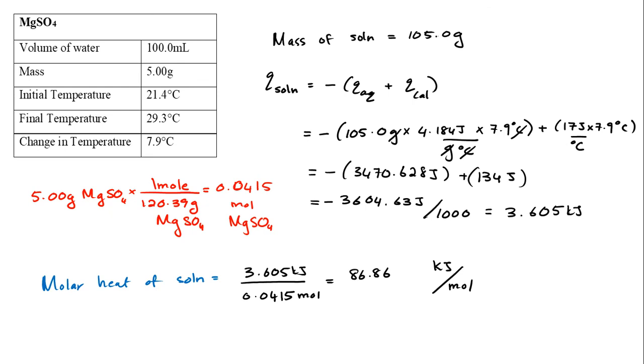Now let's see sig figs. I have 2 sig figs in 7.9, so I have to round this to 87 kilojoules per mole. So that means, with the negative sign, for every 1 mole of magnesium sulfate, 87 kilojoules of energy is released. Okay, so that is how you calculate molar enthalpy of solution.